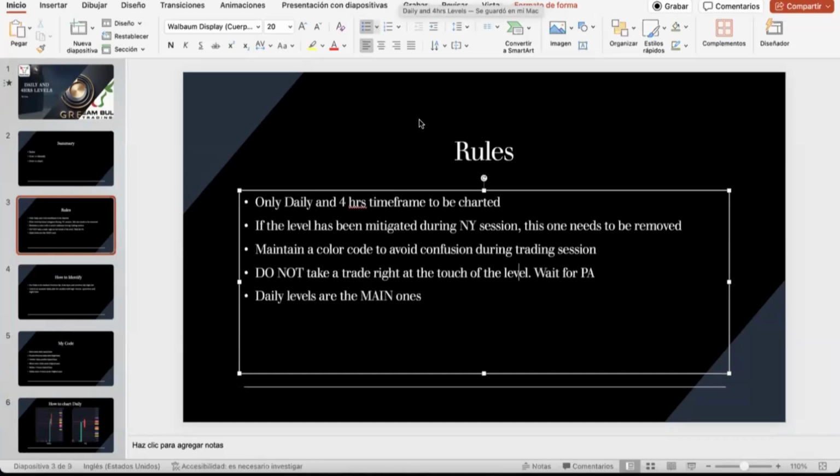That's what normally happens. When you have two levels like that, QQQ will take over and go to the level, could be daily or 4 hours. So that's why I prefer to wait.